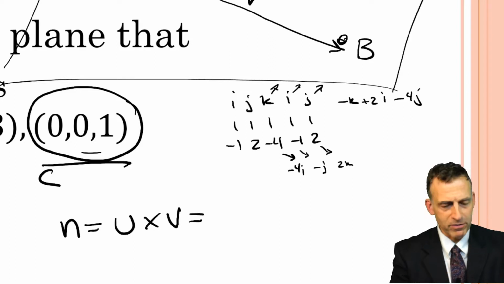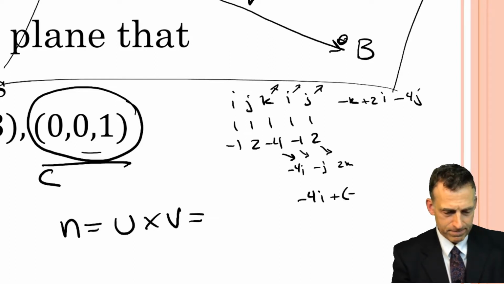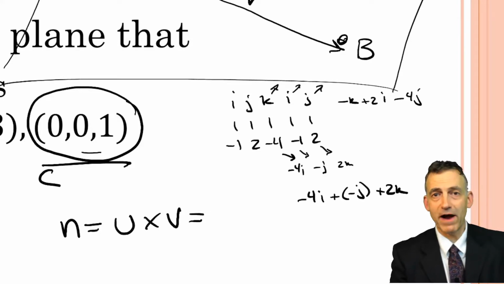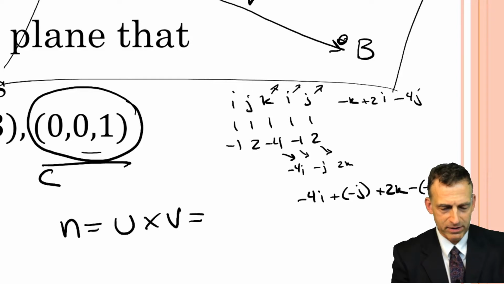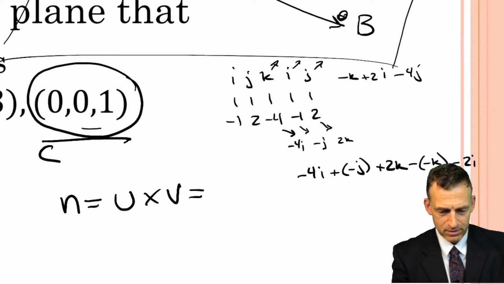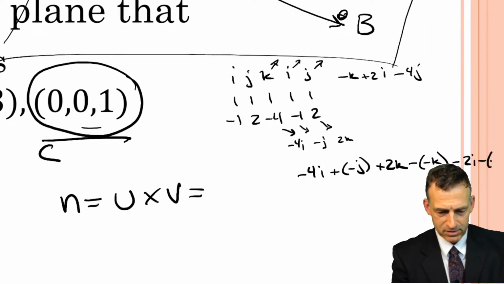Okay, so remember the procedure. We do down diagonals first and add them together. Then subtract off the up diagonals. So minus -k, minus 2i, minus -4j.